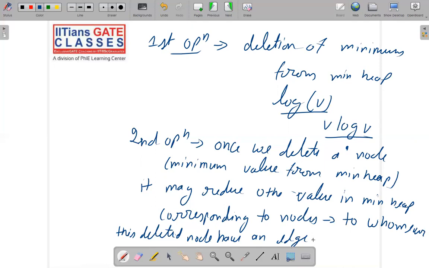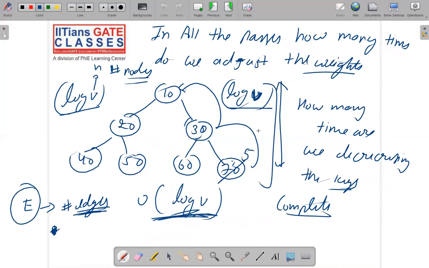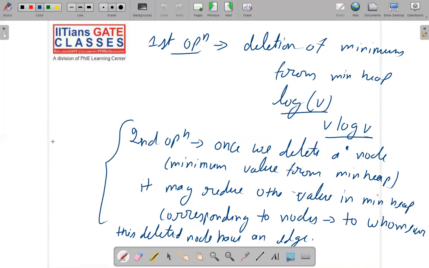So if you talk about only one node, how many decrease key operations can it do? Decrease key operation you have seen here, right? It takes order of log n, because if you decrease any node which is at the last level, it will take log V time. So if we consider only one node, how many decrease key operations can it lead to?